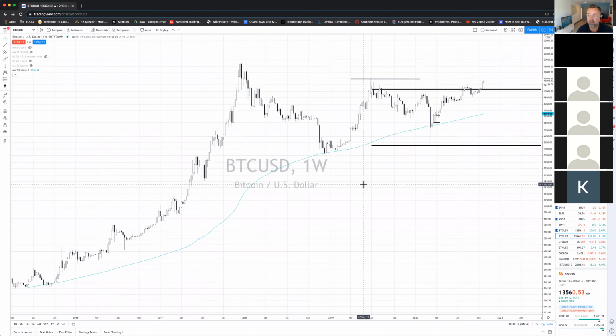I'm not going to get too much into the details on why, but when everybody realizes that the 200-week moving average is important, it becomes important. That's really the logic behind that.